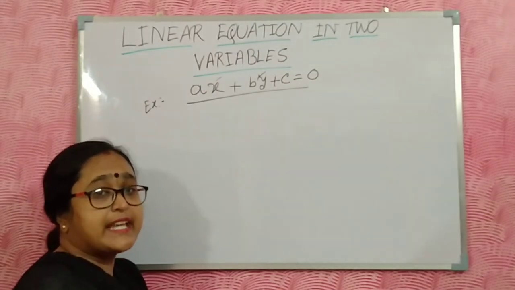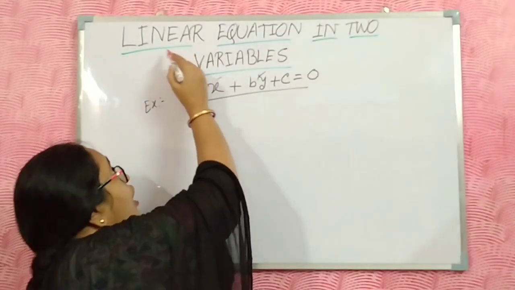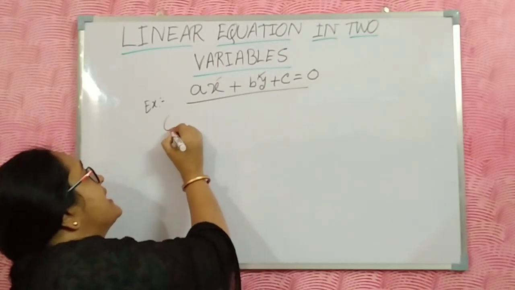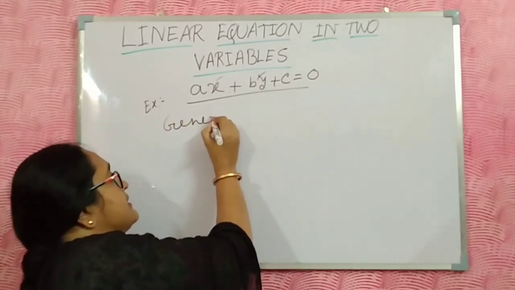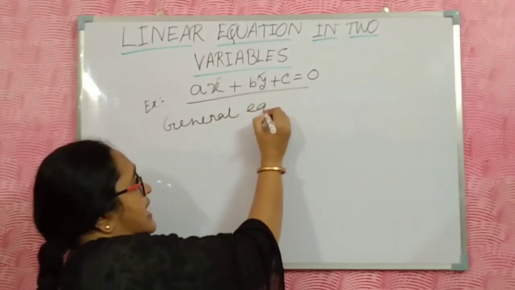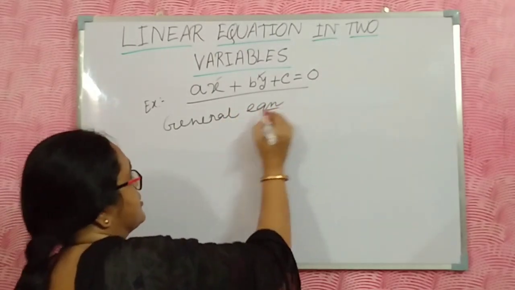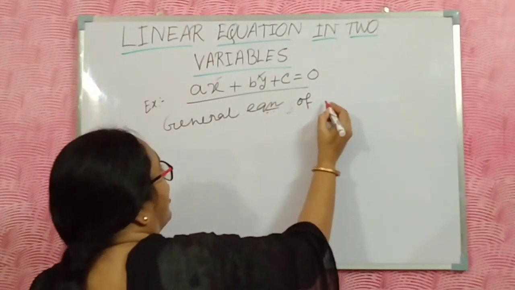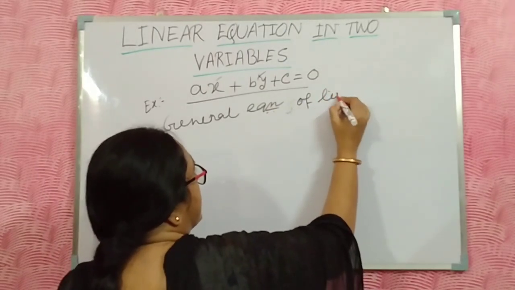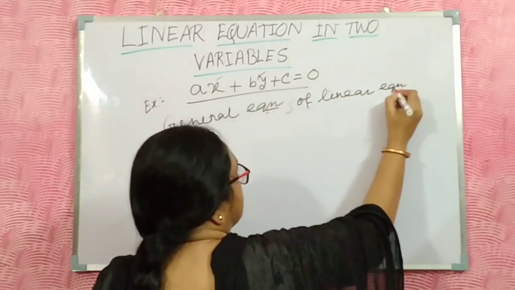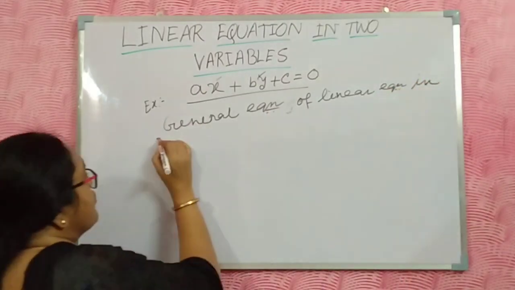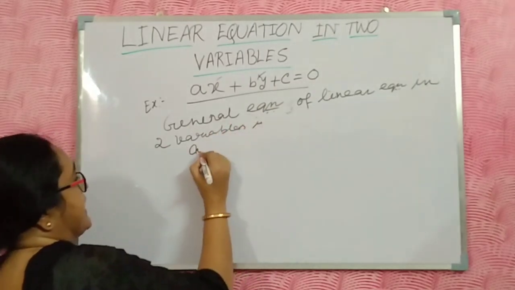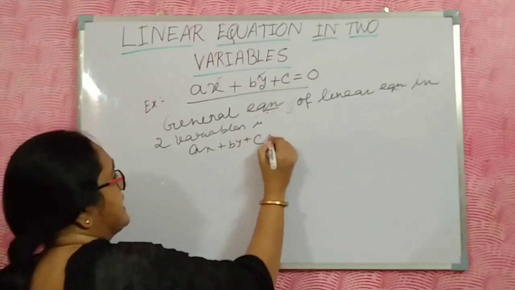Okay. Now the general equation of linear equation in two variables is ax plus by plus c is equal to 0.